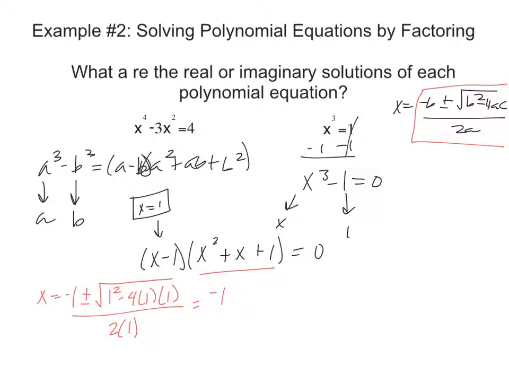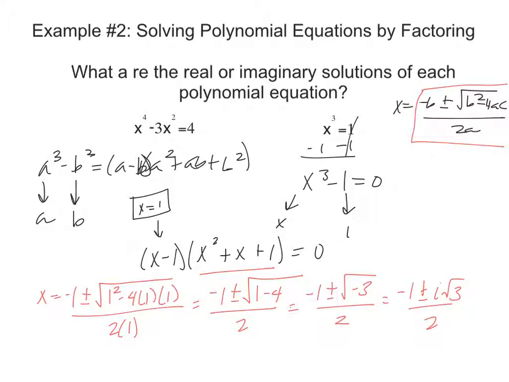That will give us negative 1 plus or minus the square root of 1 minus 4 over 2. That becomes negative 1 plus or minus the square root of negative 3 over 2. And that square root of negative 3, we really know is negative 1 plus or minus i square root of 3 over 2.